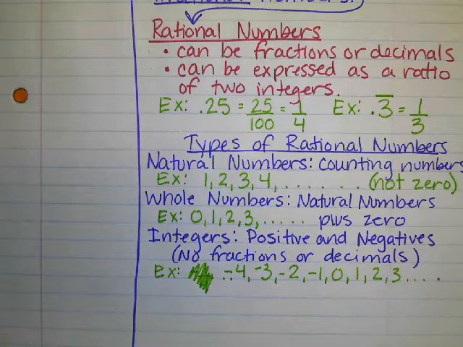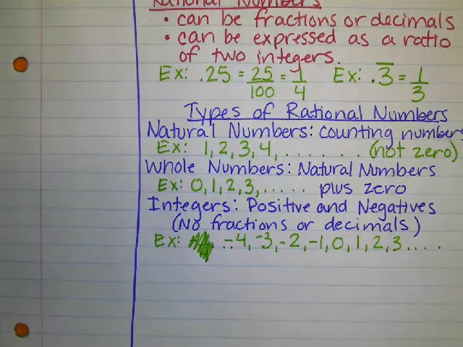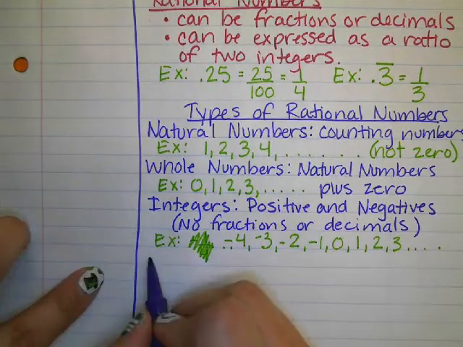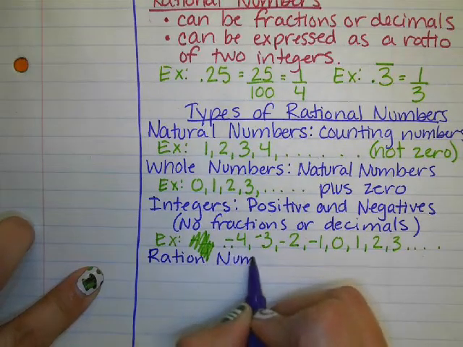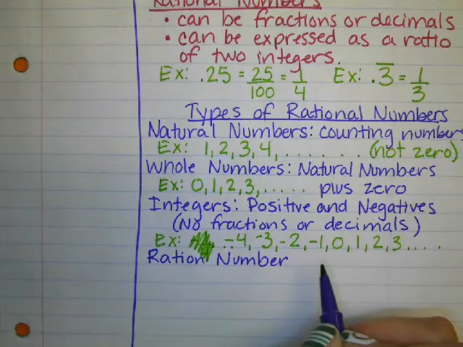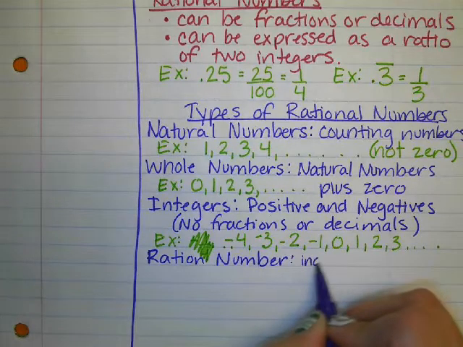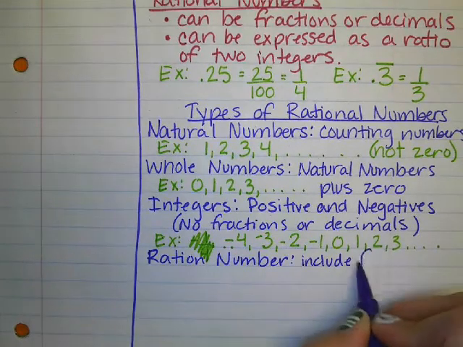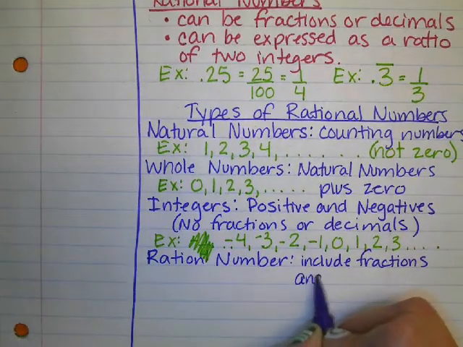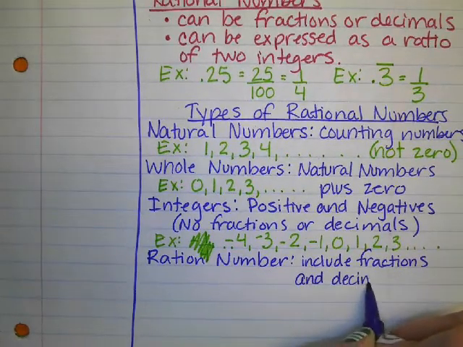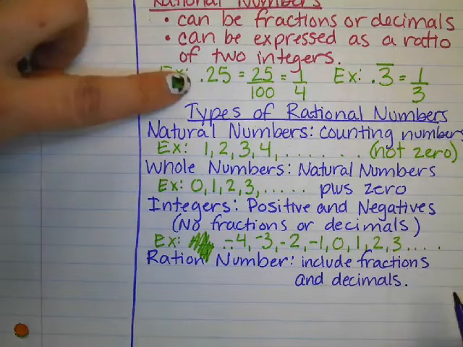Okay. For the last type, our true rational numbers includes all of these plus, let's go ahead and write that, rational numbers. So the entire whole thing of rational numbers, all of them, is going to include your fractions and decimals that can be turned into fractions, like I showed you up here.